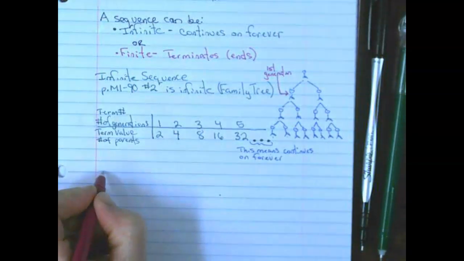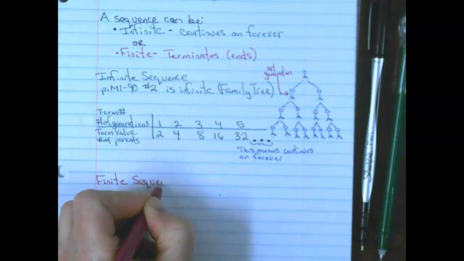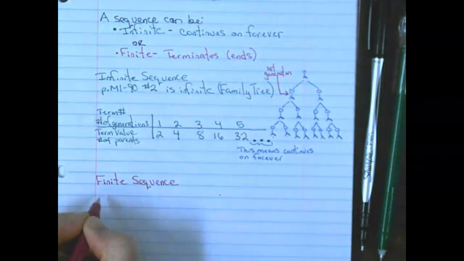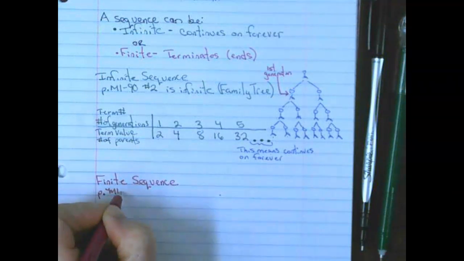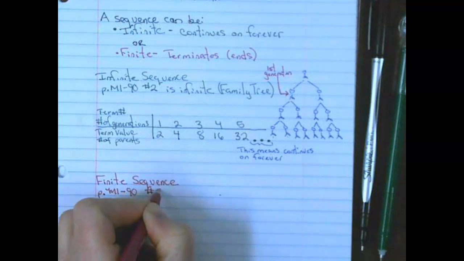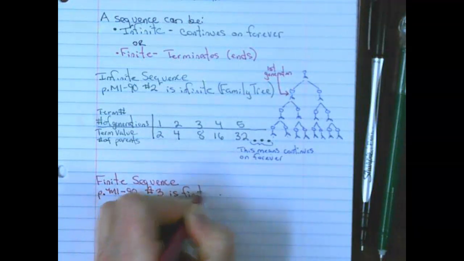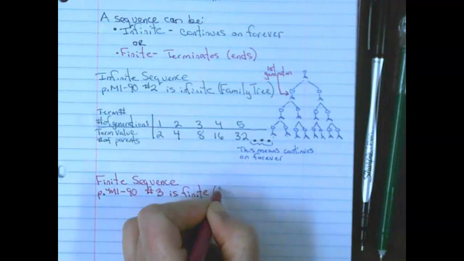So just going to write finite sequence. And we're going to find an example of that on the same page, page M190, example number 9. And that one is finite. And it's called a collection of squares.